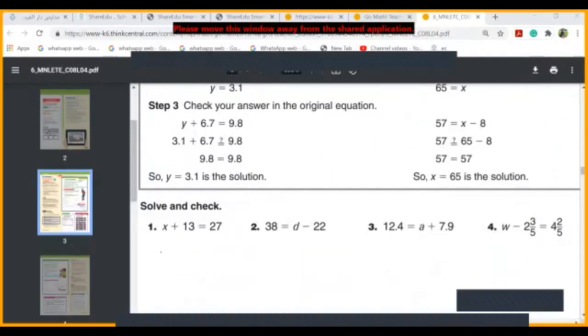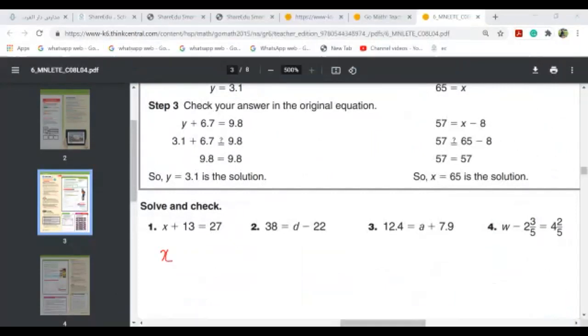I'll write X. The letter, I want to send 13. I don't want 13 here. I will write equal. I'll copy 27. Equal 27. And this plus 13 will become? What should I write here?